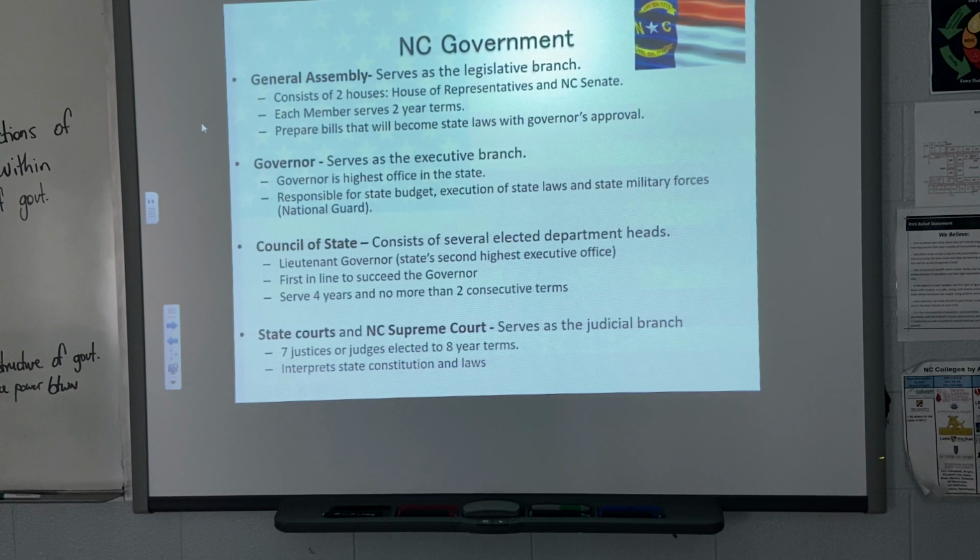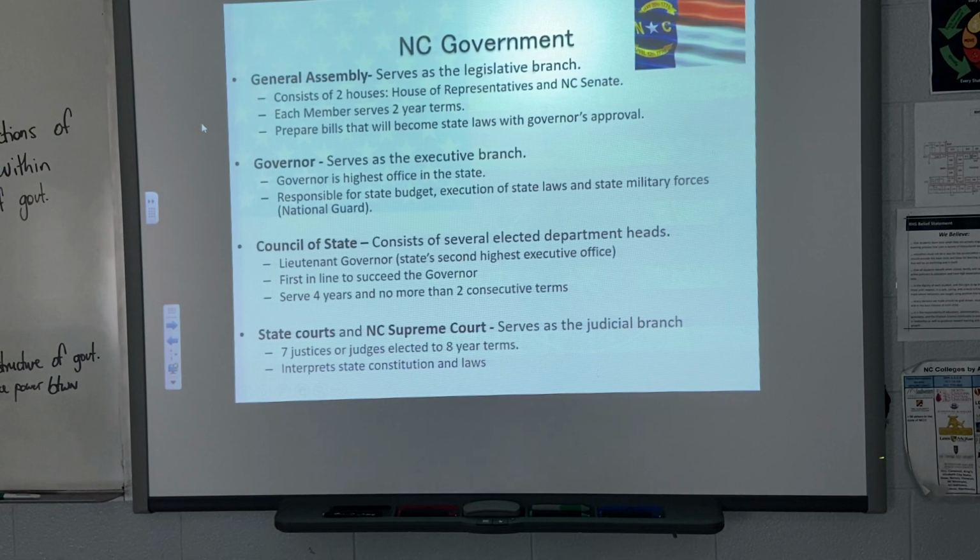First in line to succeed the governor, serve 4-year terms, no more than 2 consecutive terms. That sort of is the makeup of the Council of State working under the governor. State court, there again, highest state court, as we talked about yesterday, North Carolina Supreme Court serves as the judicial branch of government. There's 7 justices on the state Supreme Court, whereas there's 9 on the U.S. Supreme Court.